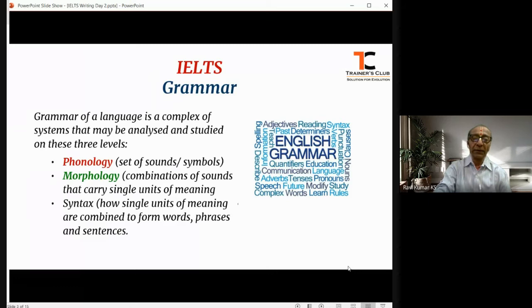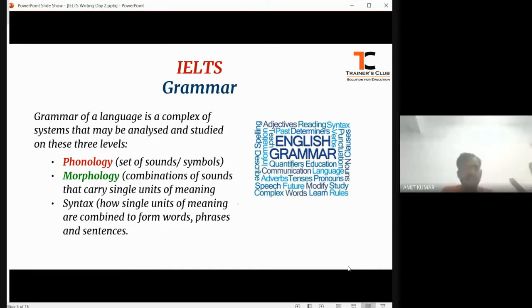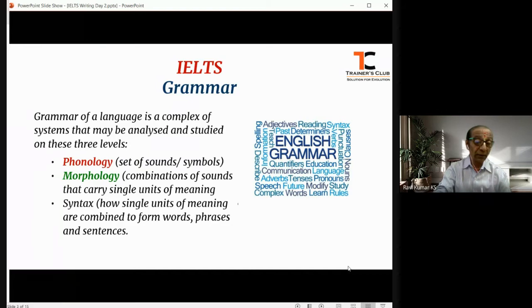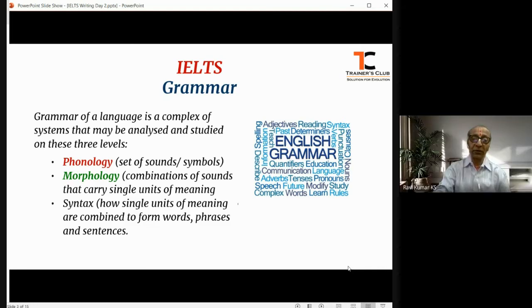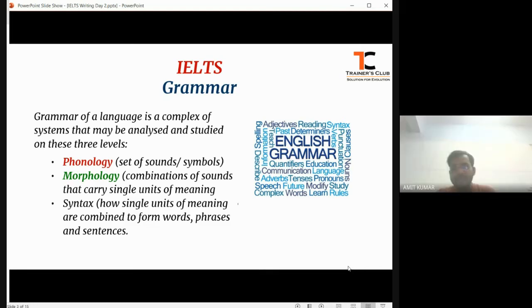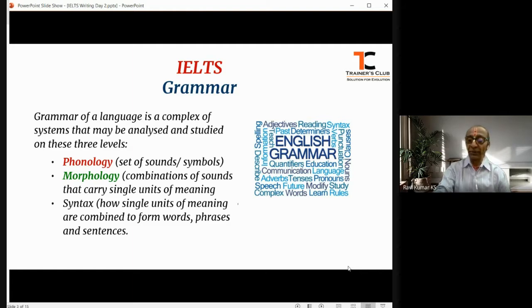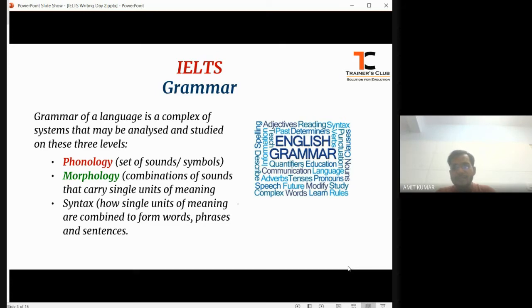It is a very complex system of any language. Complex means, what is complex? So difficult. Difficult. Good.